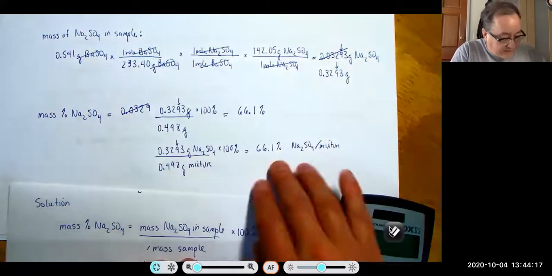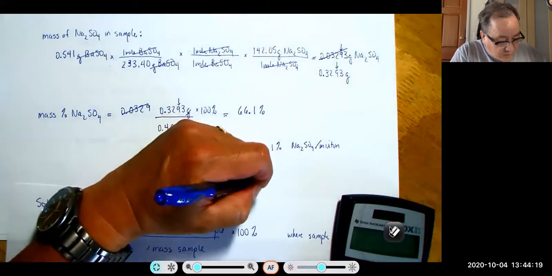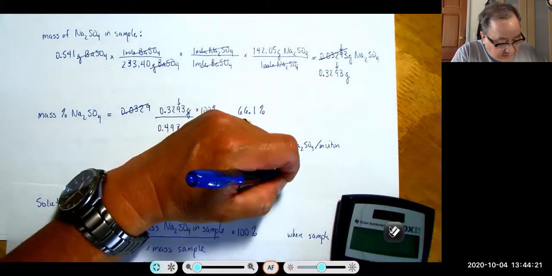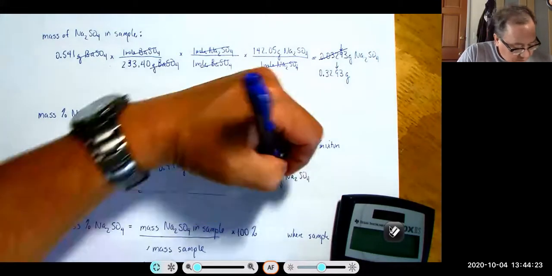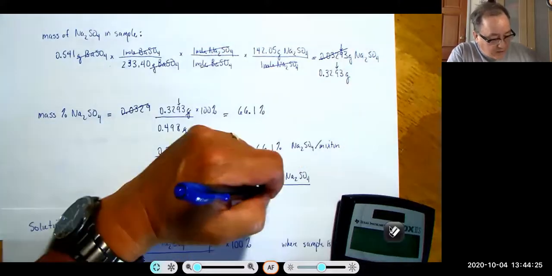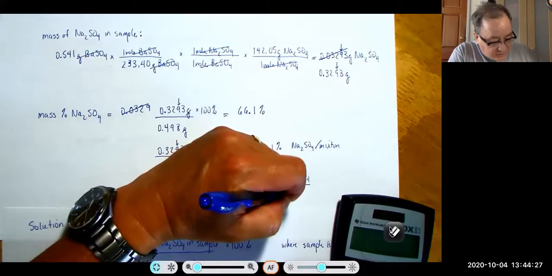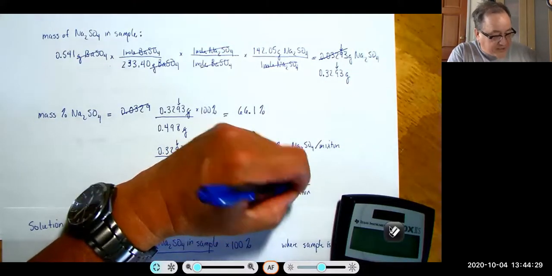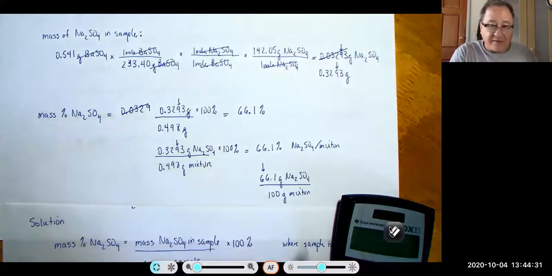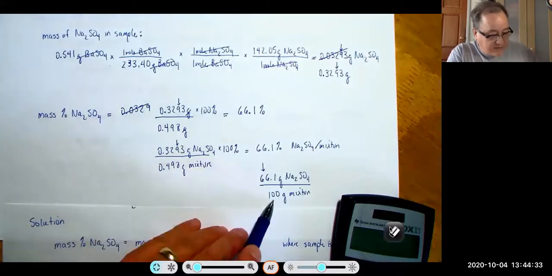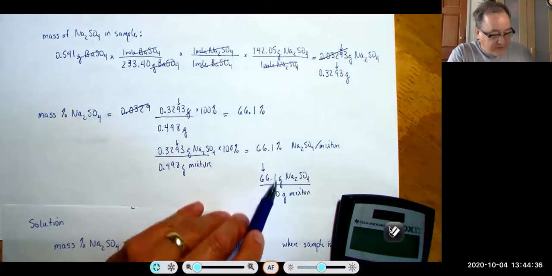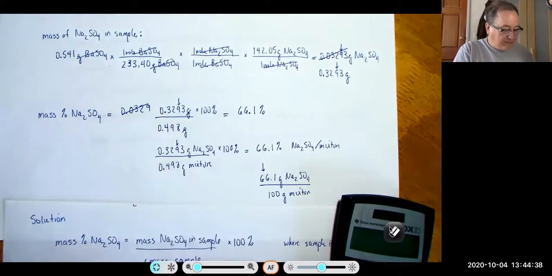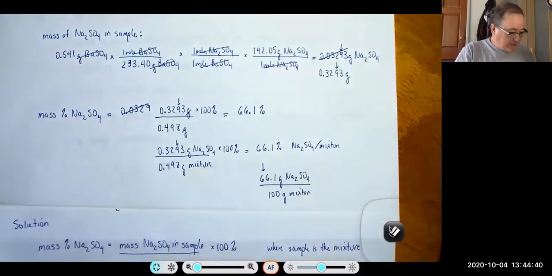And what this means is you have 66.1 grams of sodium sulfate per 100 grams of mixture. The percent is that right there. So percent means 100, and you're also going to use masses. Okay, so that's the solution.